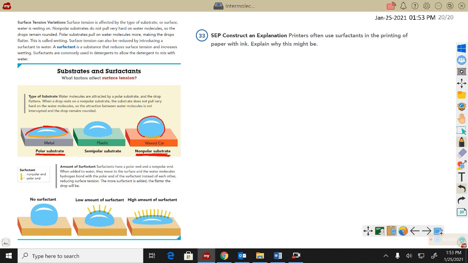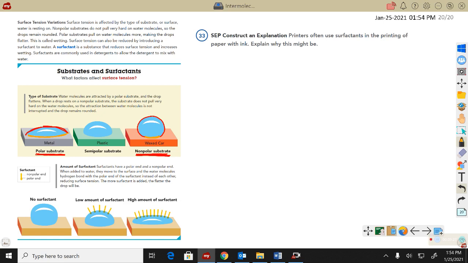Interesting. And so what if we want the water to spread out? We want something to become wet. Or what if we want something like an oil or a fat or a grease to be washed away by the water? But we know that like dissolves like.